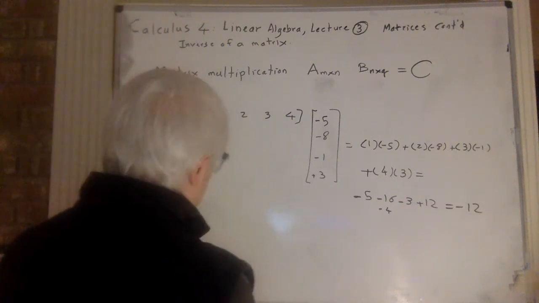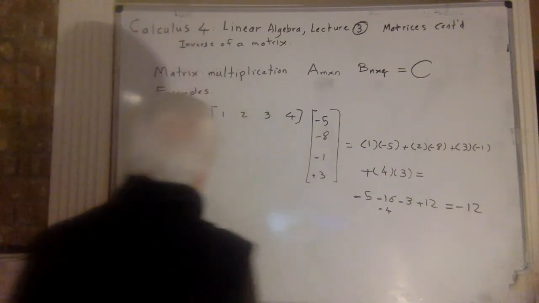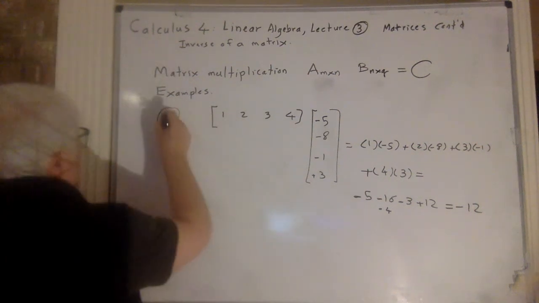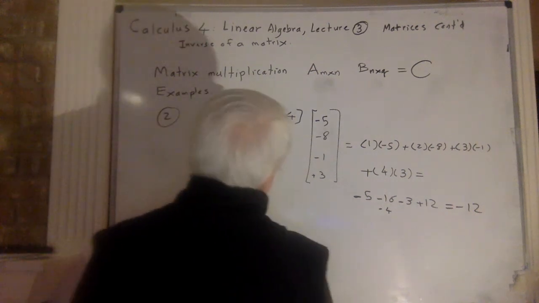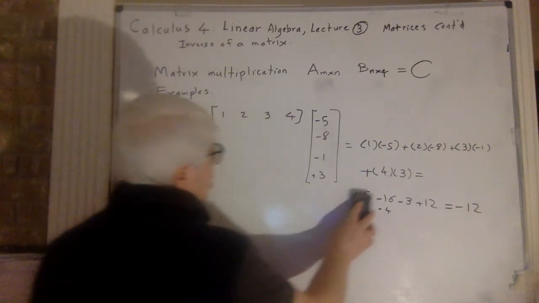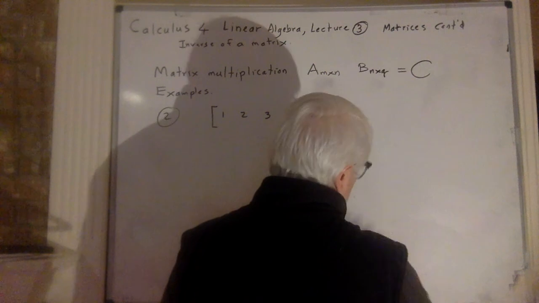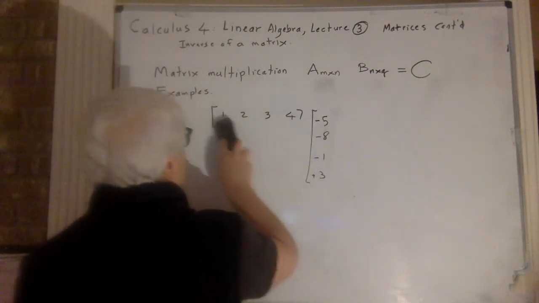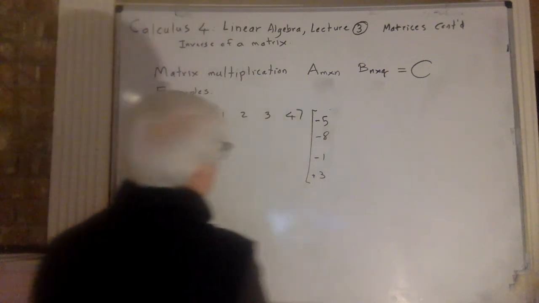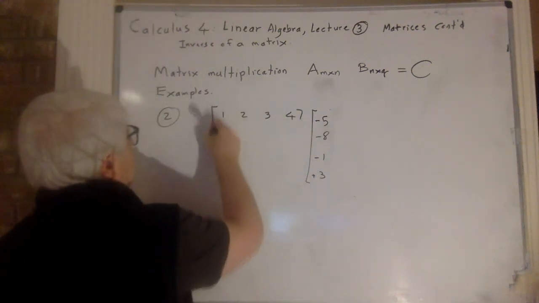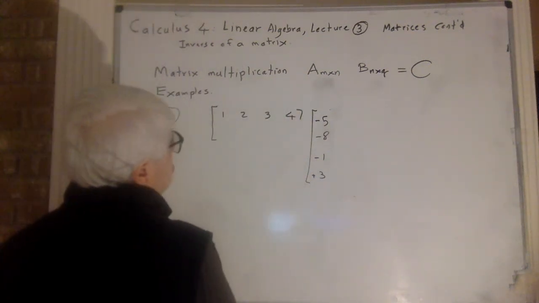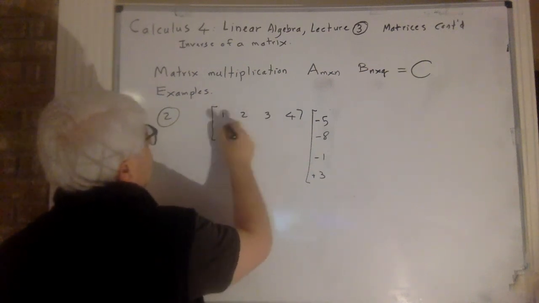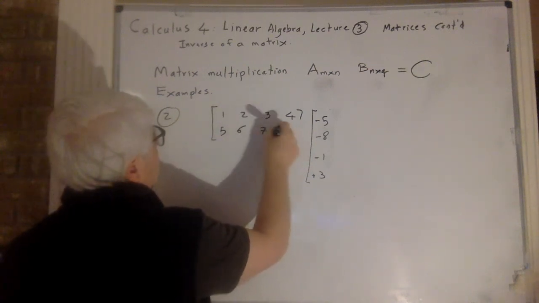Okay, now let's multiply two matrices. Let's take this to be two rows, so let's write 1, 2, 3, 4, 5, 6, 7, and 8.